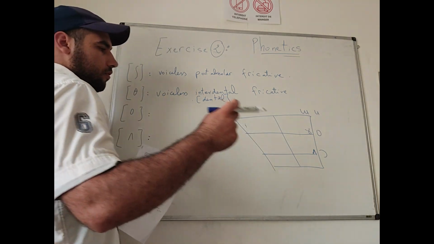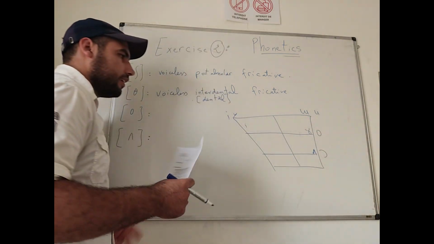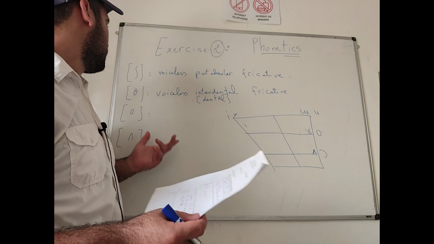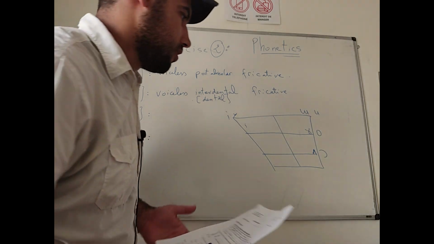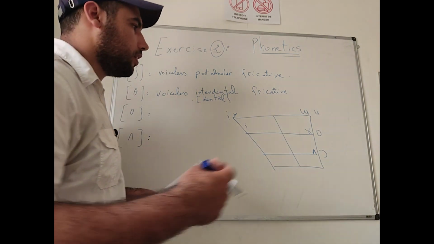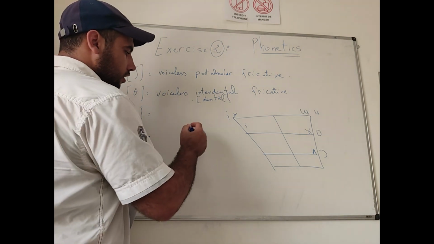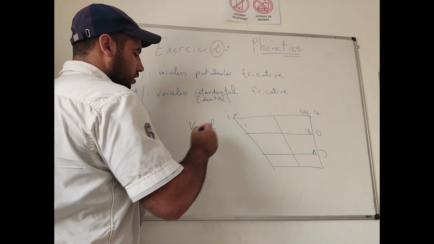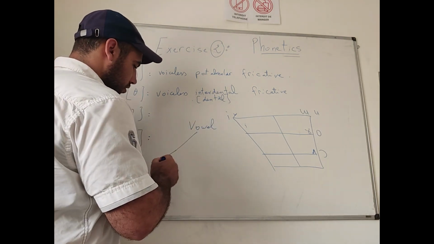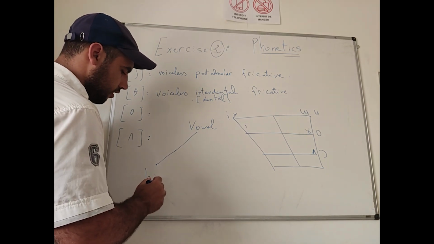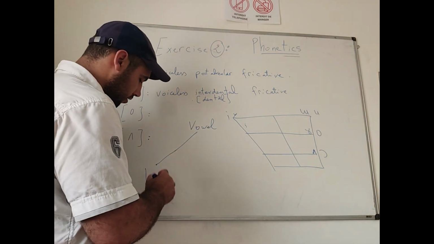The first thing to do again is to distinguish between how to define the consonants and the vowels. Concerning the vowels, any vowel should be described in terms of heightness, whether it is high or low.